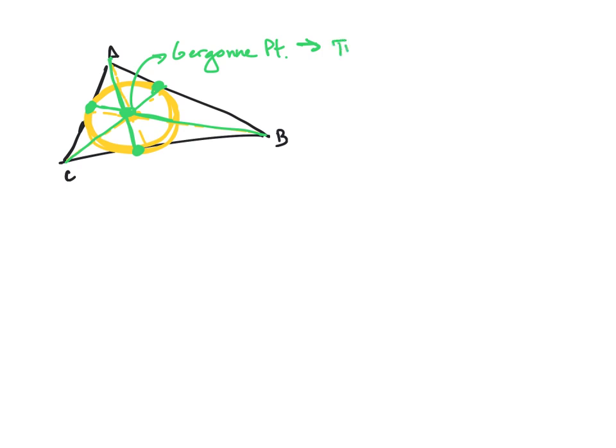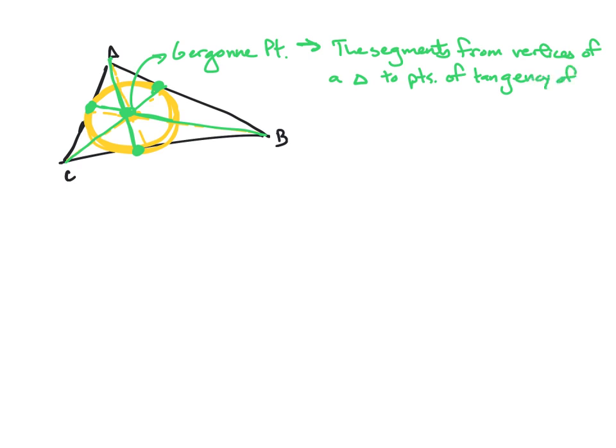The segments from vertices of a triangle to points of tangency of the incircle with opposite sides are concurrent. And like I said, we call it the Gergonne point.